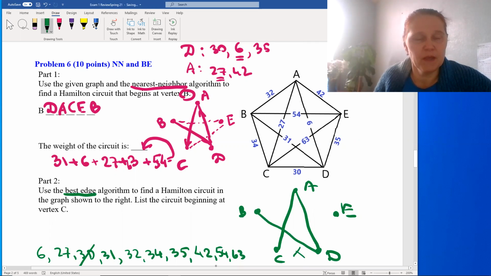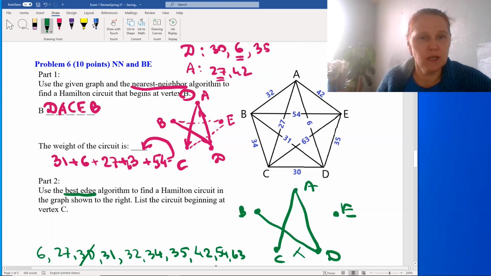With 31, the next 32 is BA. We cannot take it because then we get 3 edges coming to A, so it doesn't work for Hamilton circuit. We visit every vertex only once.